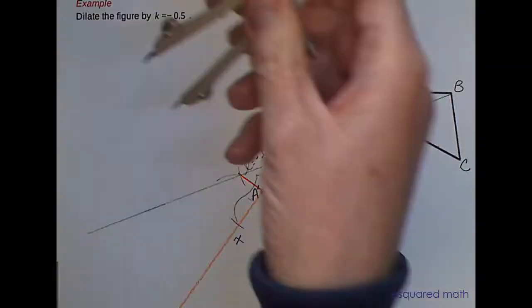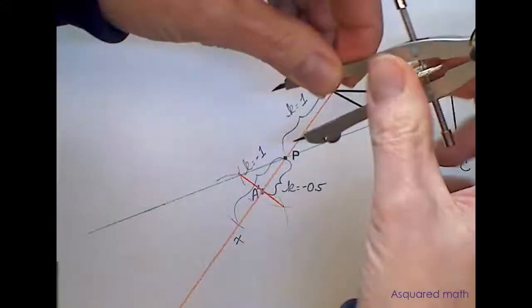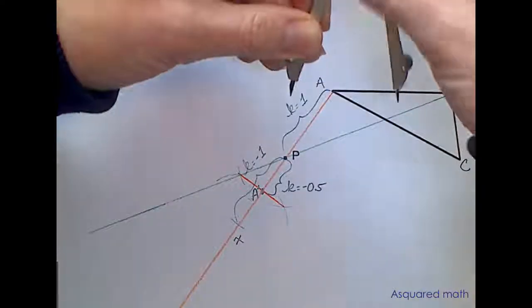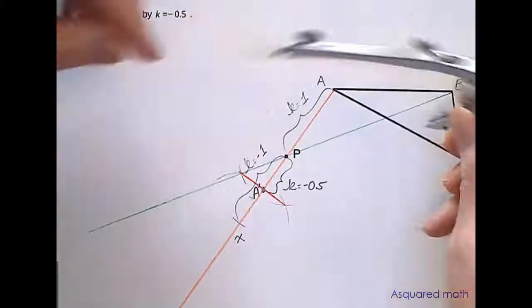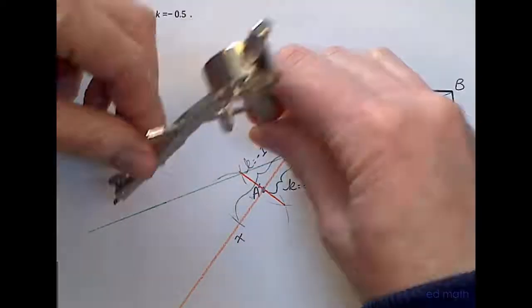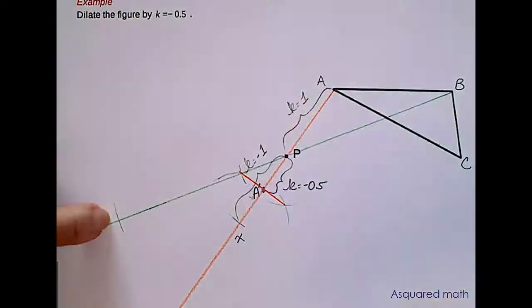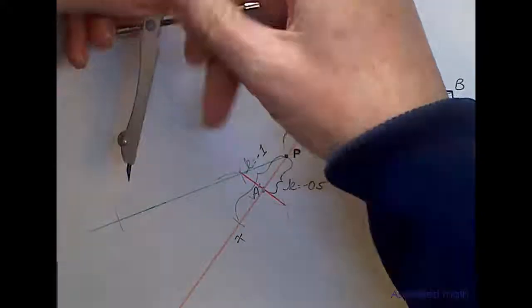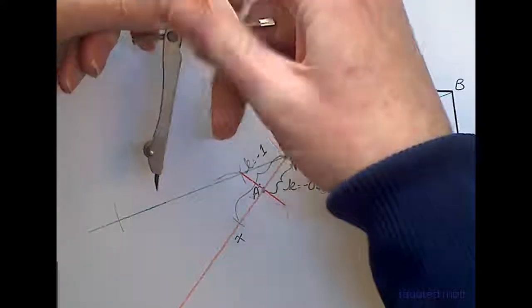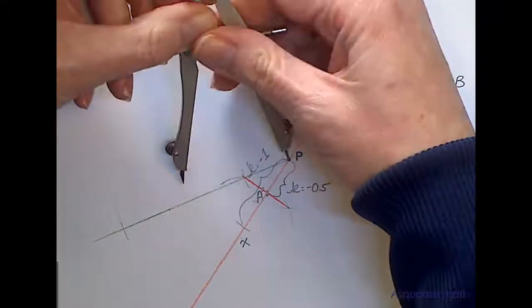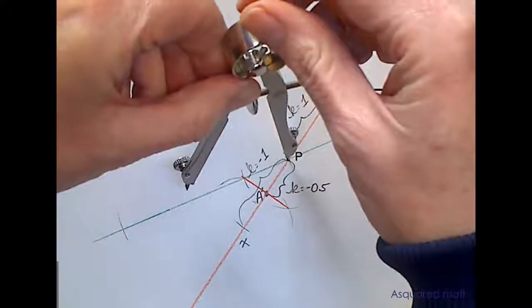Measure the distance from P to B, and we're going to duplicate it on the opposite side of P. So we have this distance here, move to P, mark B with a scale factor of negative 1, and then we need to construct our perpendicular bisector here. So shrink down to about the halfway, a little bit more than halfway, construct that perpendicular bisector.